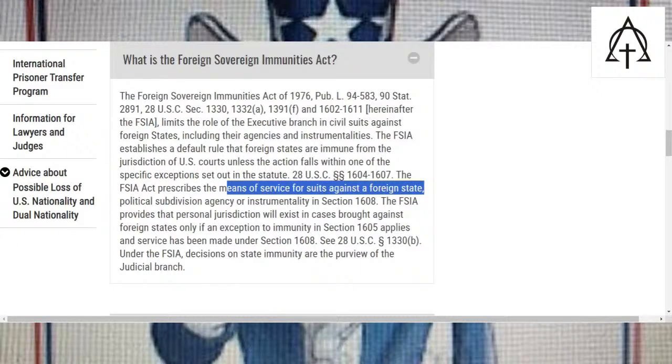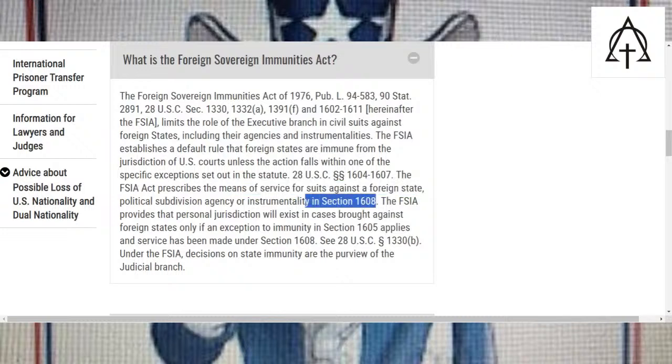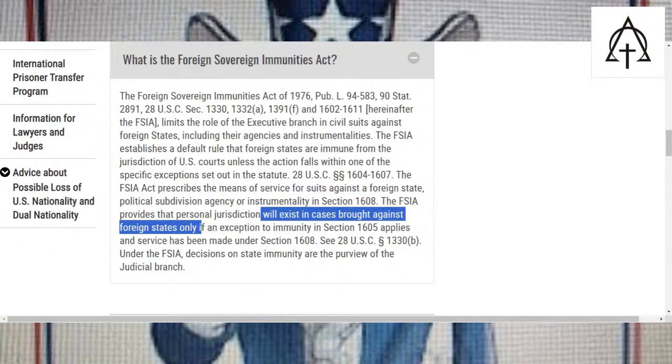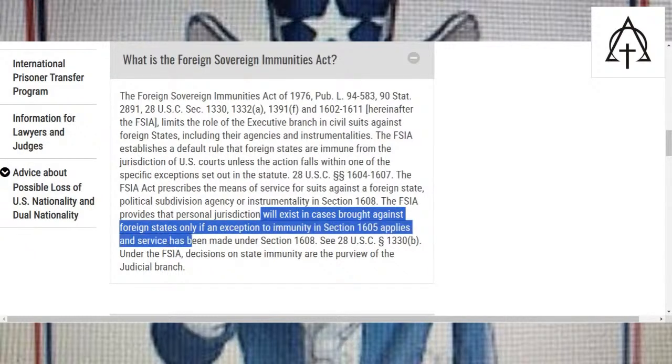Political subdivision, agency, or instrumentality in Section 1608. The FSIA provides that personal jurisdiction will exist in cases brought against foreign states only if an exception to immunity in Section 1605 applies and service has been made under Section 1608.